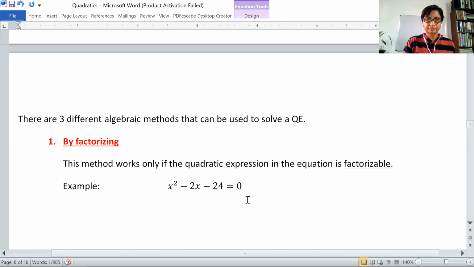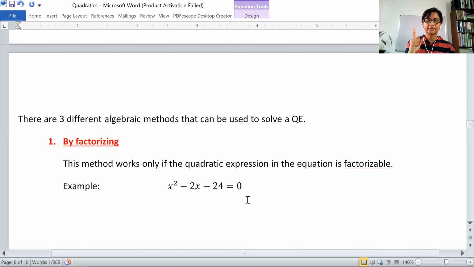Okay, so without delaying any more, shall we start this? So you have to write this first line. These are algebraic methods. There are three different algebraic methods that can be used to solve a quadratic equation.